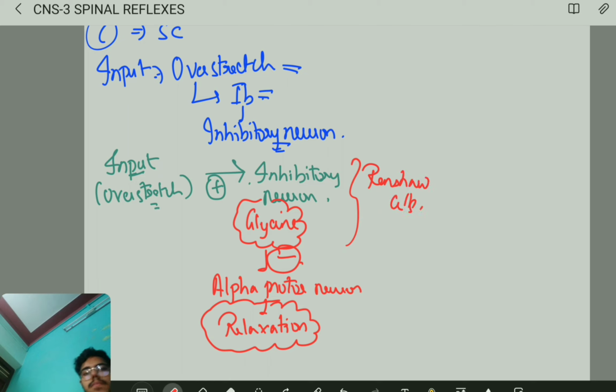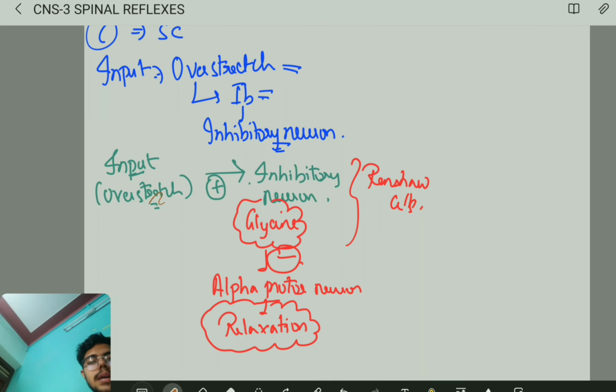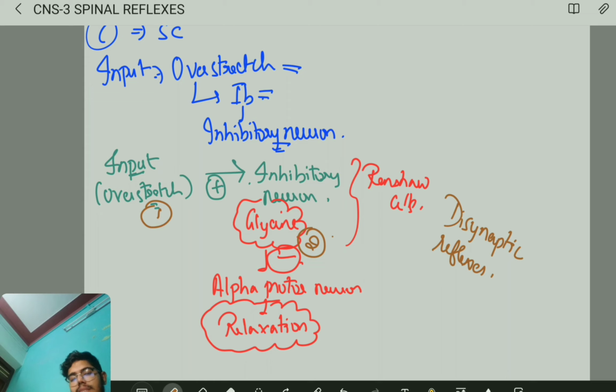Don't forget. Now what is the point I want you to know is that it contains one synapse, and also this inhibition causes a second synapse. There are two synapses involved, so we call it disynaptic reflexes.